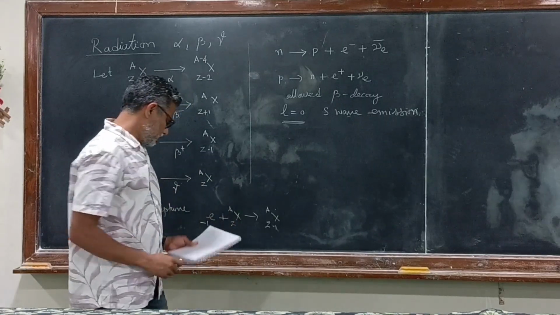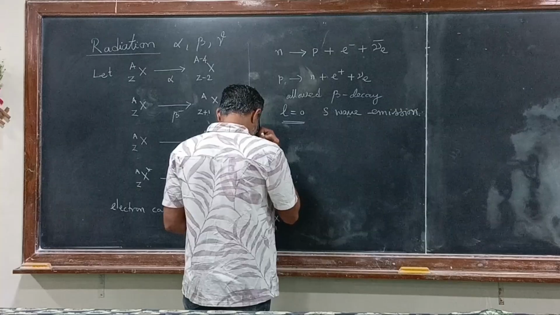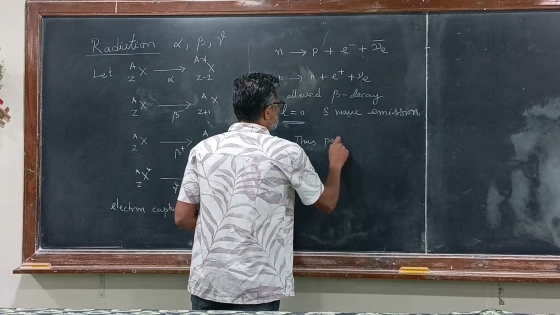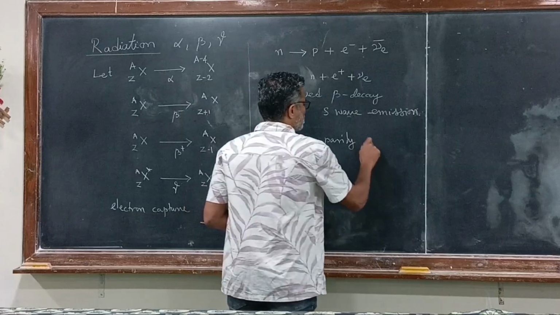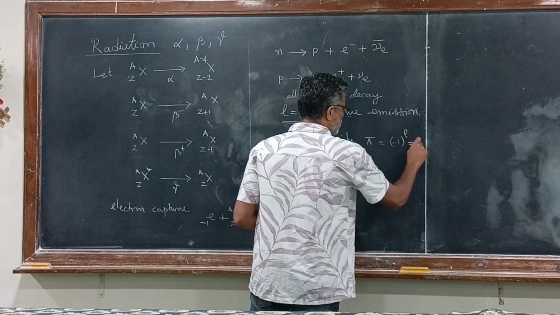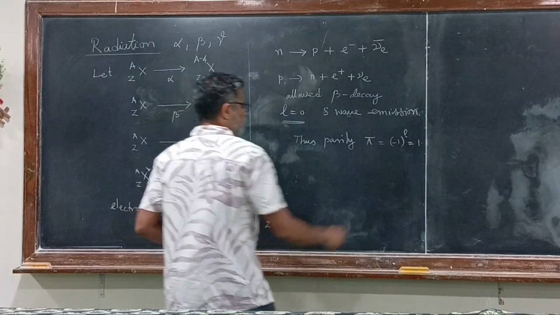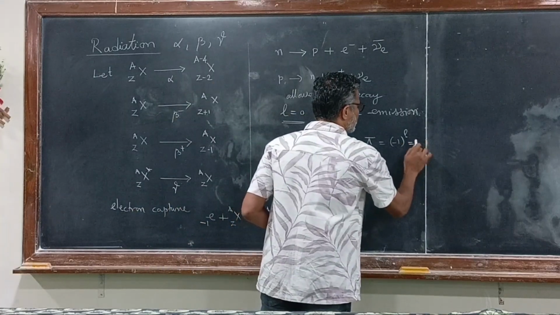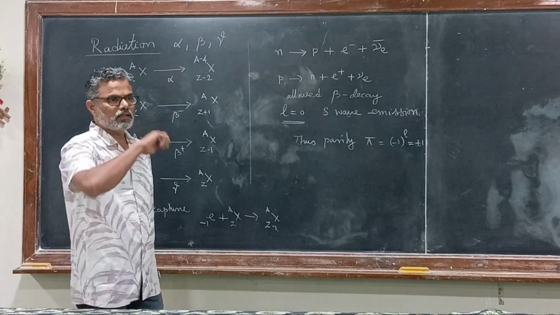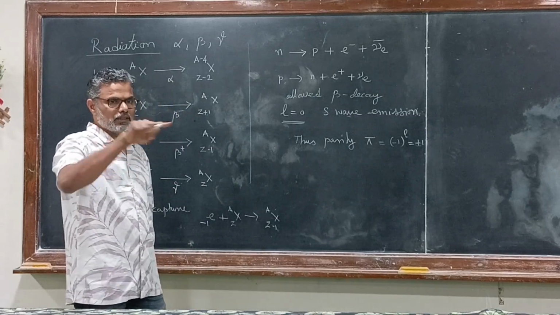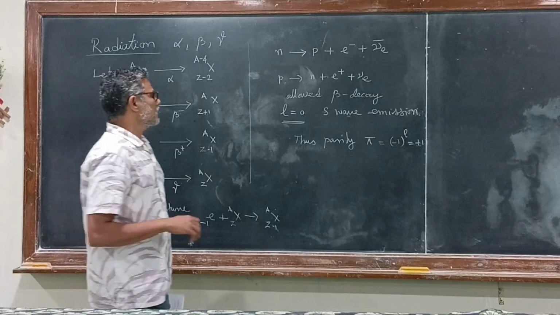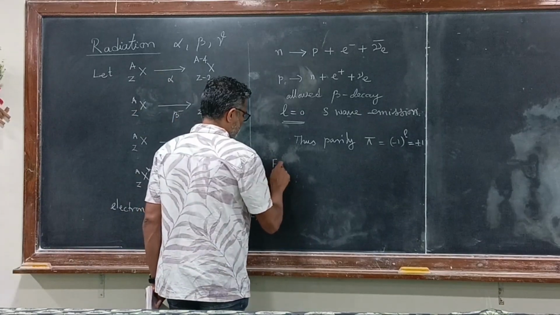Okay. And the parity is associated with it. L equal to 0 means parity is even, or plus 1. Now, the forbidden one. The parity is pi equal to minus 1 to the power L, or plus 1. That means no parity change during this process. So, when beta is being released, the parity does not change as long as it's allowed. And there are forbidden transitions.